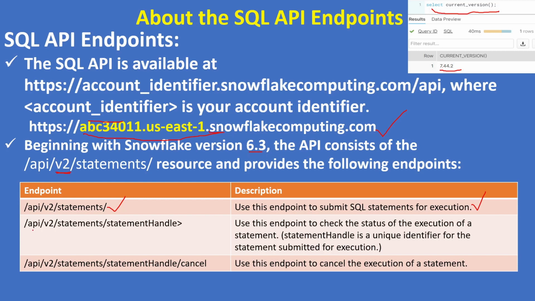And the second endpoint, /api/v2/statements/statementHandle. Use this endpoint to check the status of the execution of a statement. You might have submitted statements and you want to check the status of that particular statement, then we have to use this endpoint.